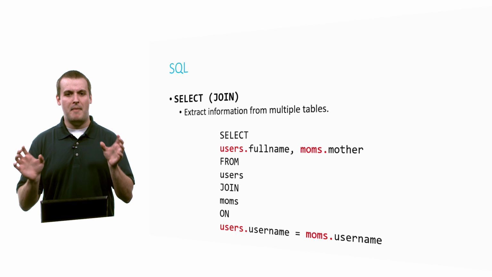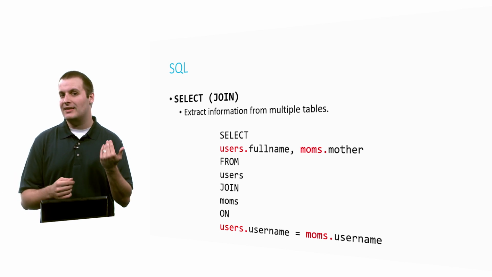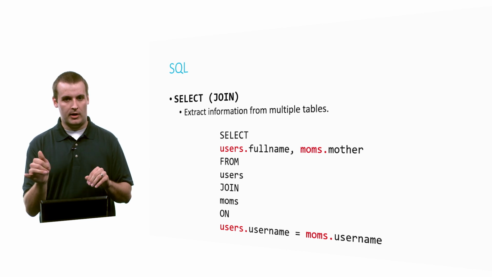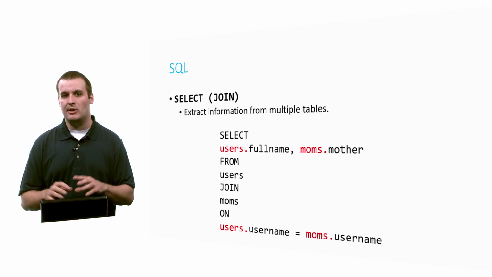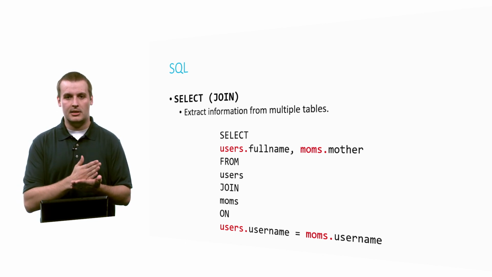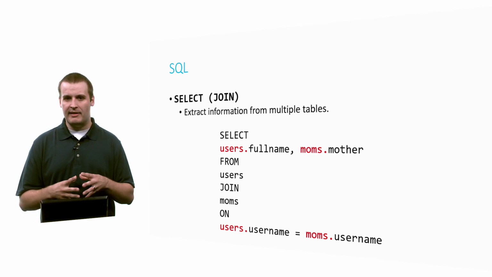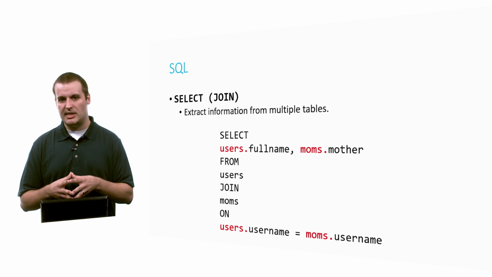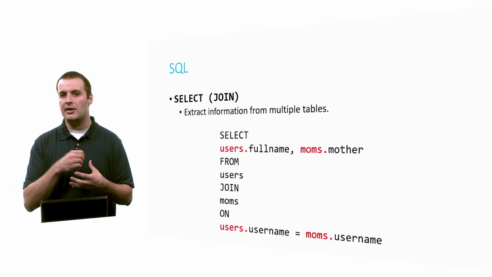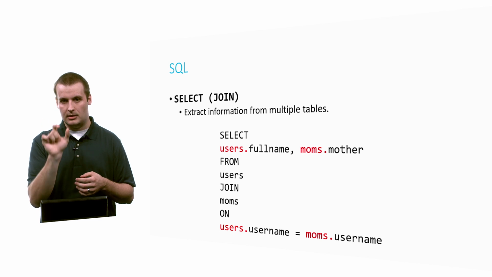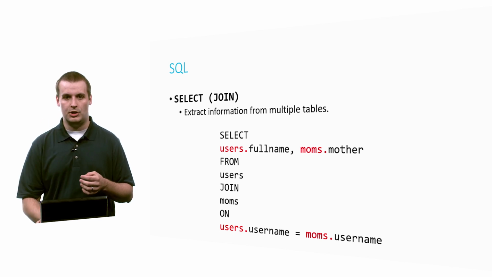We want to do it where they match. So I can specify the table and the column name in case of a situation where it would be unclear what I'm talking about. So that's all I'm doing there, I'm saying this column from this table. I'm being very explicit. So again, I'm selecting the full name and the mother's name from the users table linked together with the moms table in every situation where they share that column. They share that username notion.